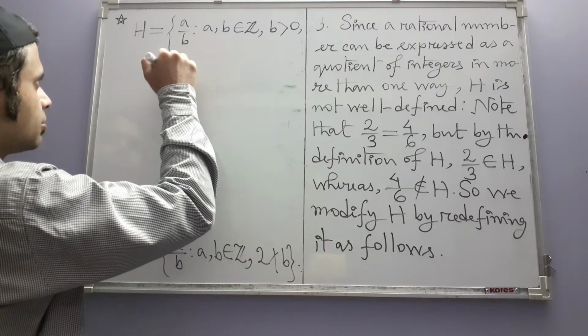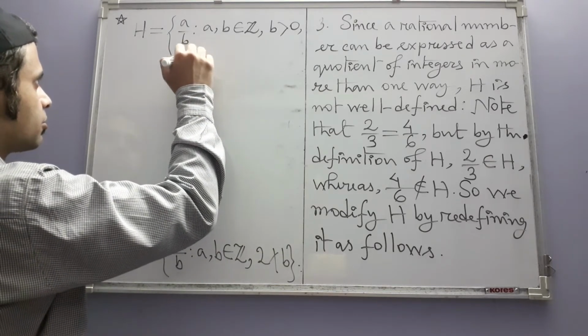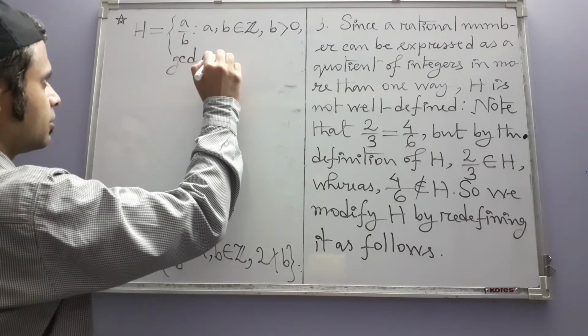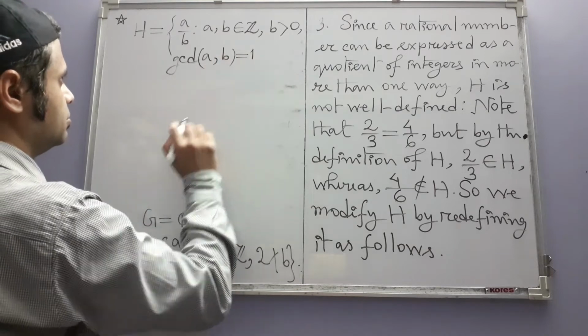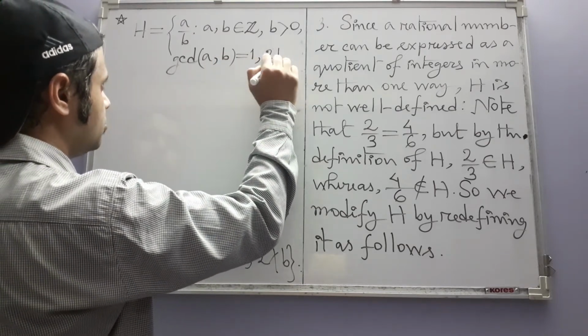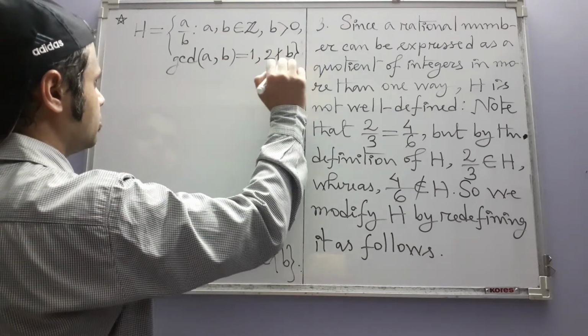Let me just now put the crucial thing first: that a and b are relatively prime and 2 does not divide b.